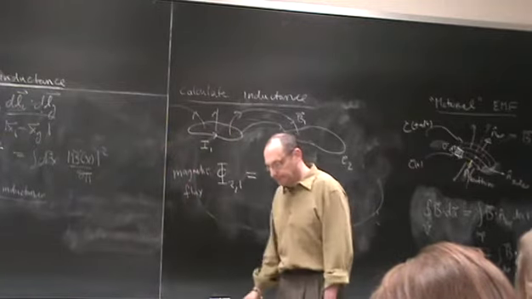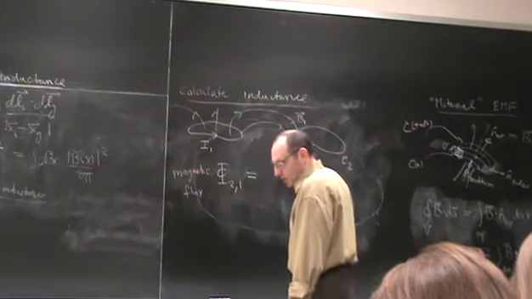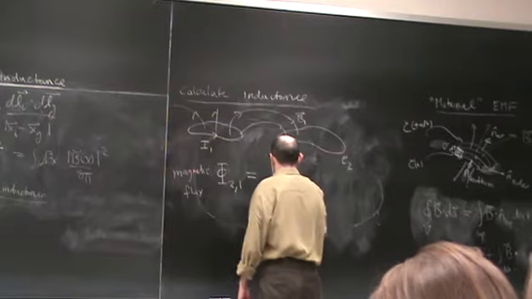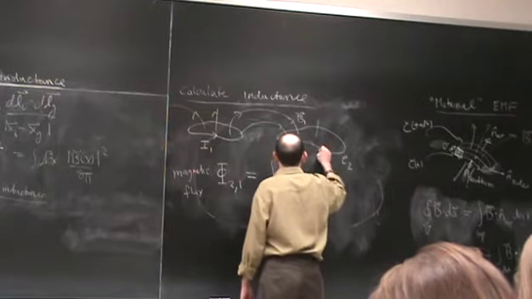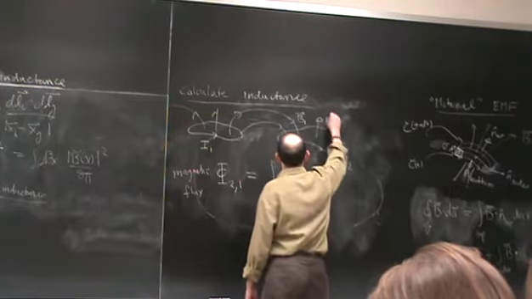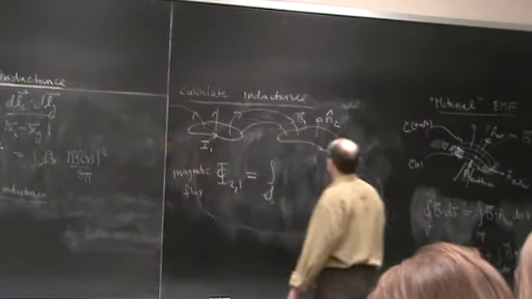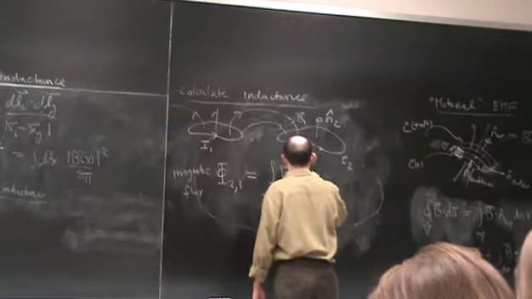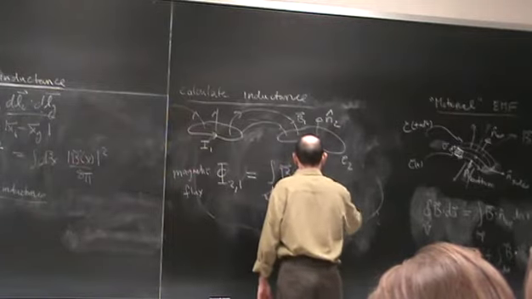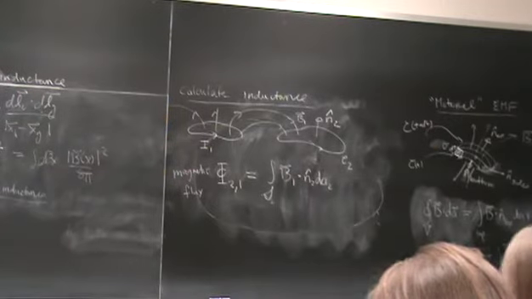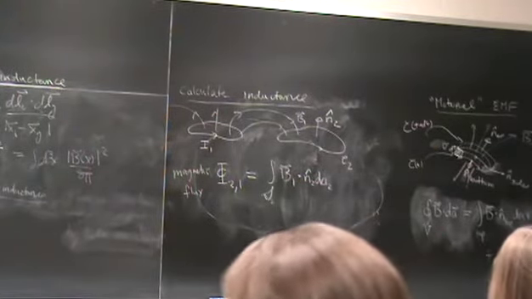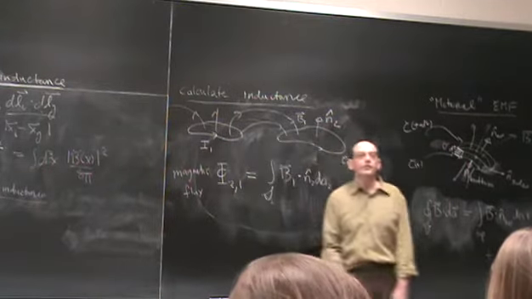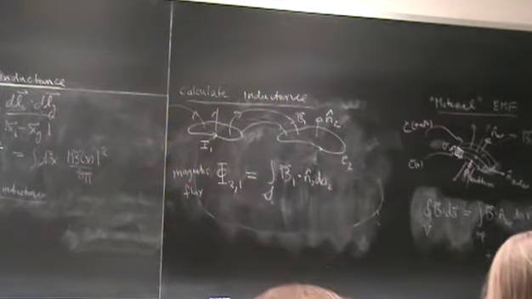is equal to what? Well, it's equal to the surface integral. If this is my contour, which has a particular orientation, and this is the normal, it's the flux of magnetic field 1 through surface 2. So that's the flux of the magnetic field through this loop due to the current flowing in loop 1.